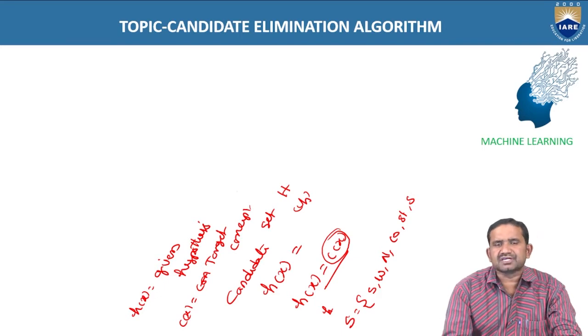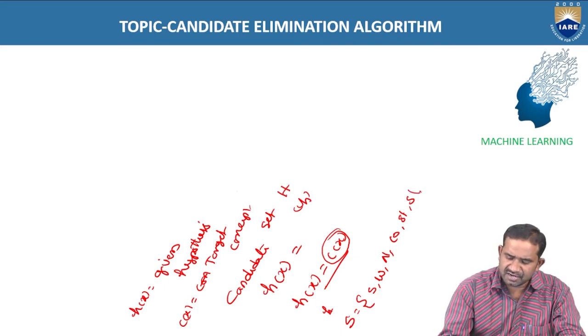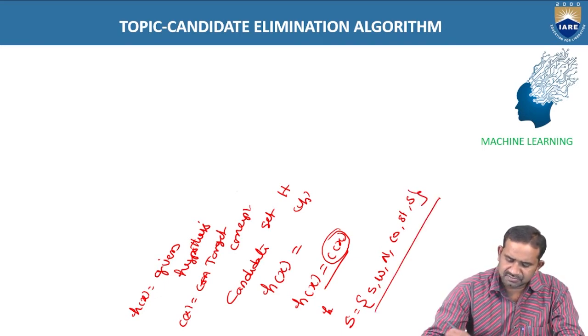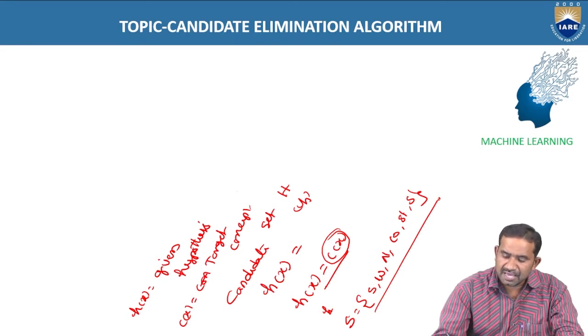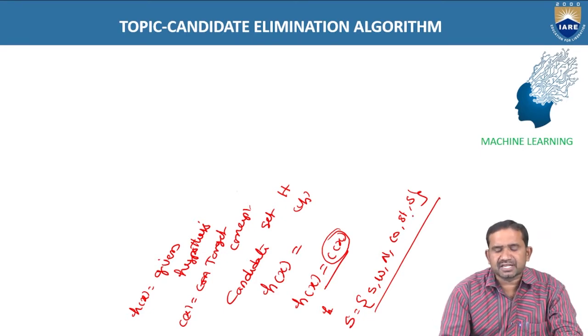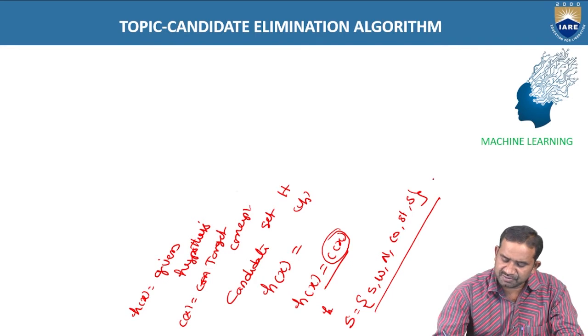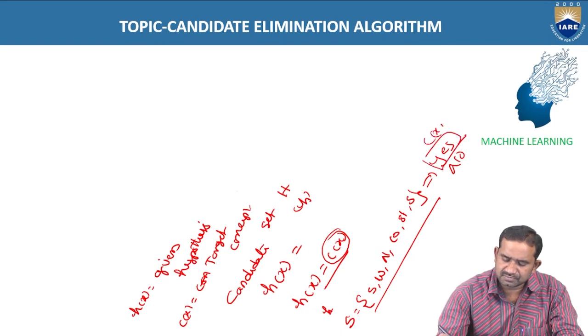From these attributes we define the hypothesis. For the training example, the output is whether we enjoy the water sport, yes or no. That is called c(x).